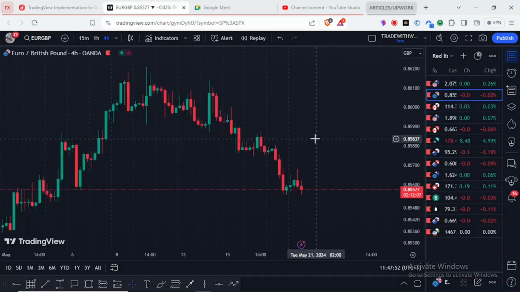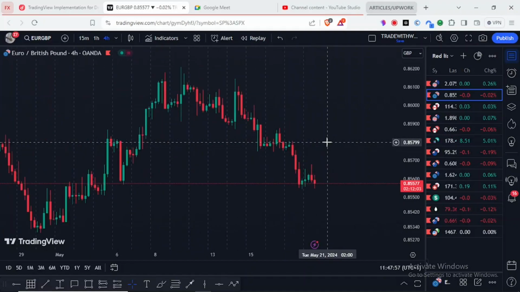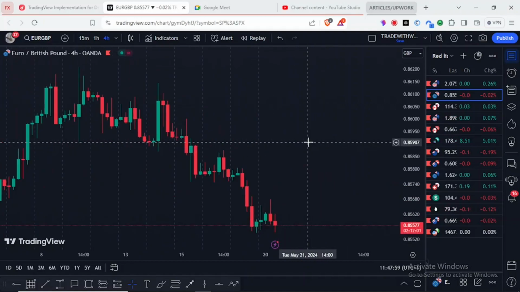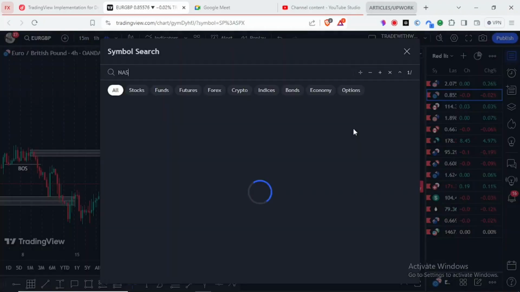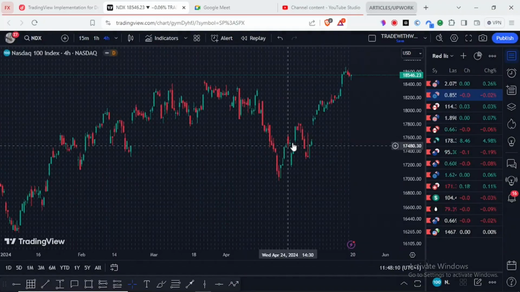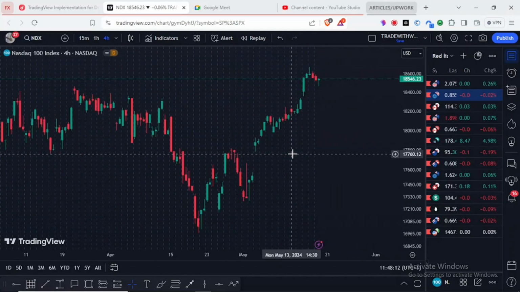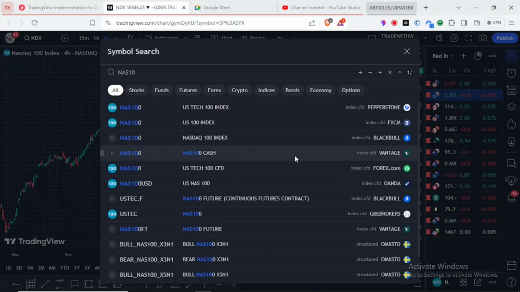Let's look at Euro GBP. And sometimes I also need to rank these. Sometimes when you are trading some strategies, some pairs might not really work. Let's look at NASDAQ, for example. Sorry, I'm diverting, but let's just quickly look at NASDAQ. Now, when you're trading NASDAQ, I don't like what I'm seeing here.